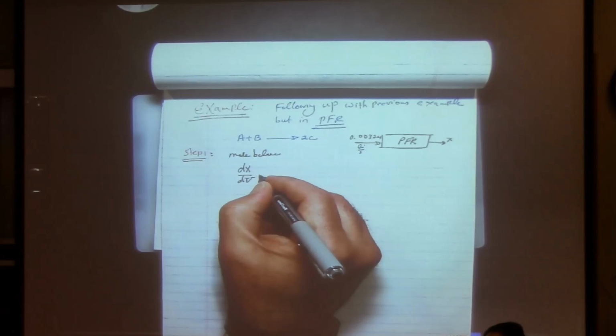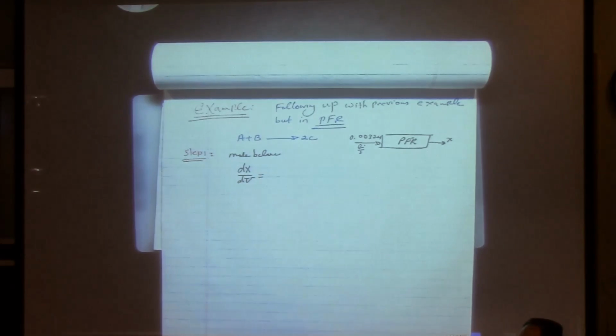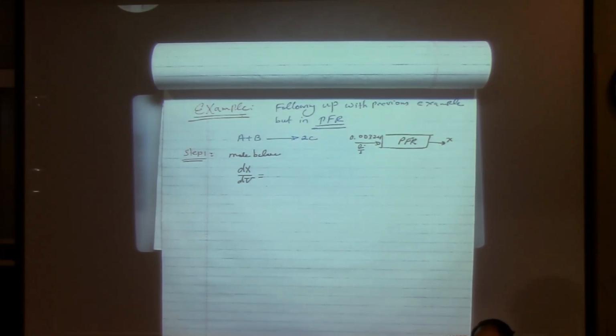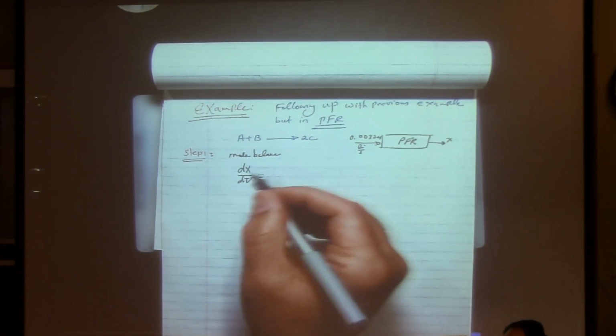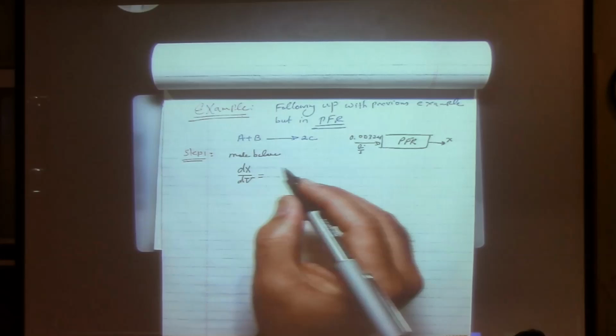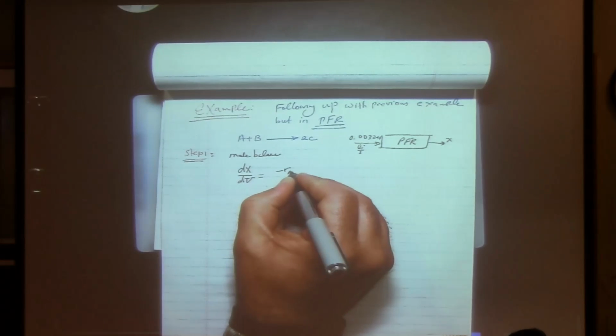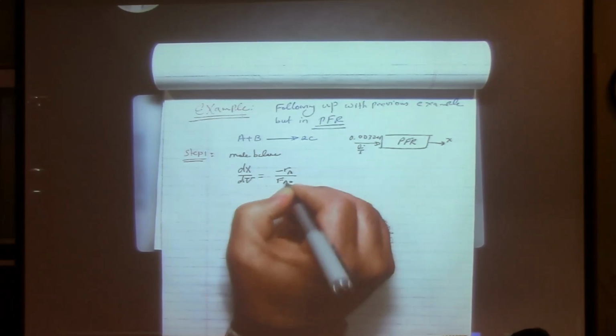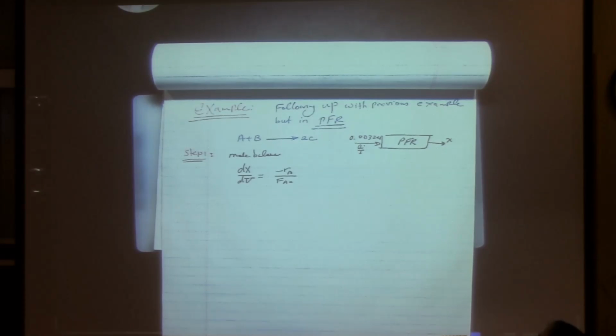But similar to the quiz, the midterm exam will be open book, so you can bring your book only, not the notes, in case you want. Sometimes people like to have the book beside them. It's a psychological effect. But as I said, you can do the exam without bringing anything, because we provide all these equations for you. So it would be minus rA over FA0, right? This is the design equation for a PFR.